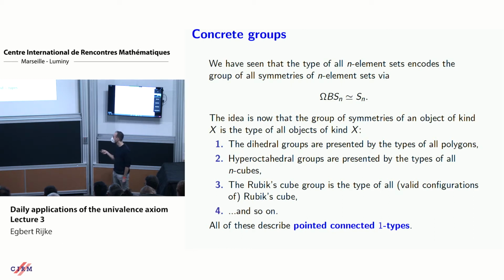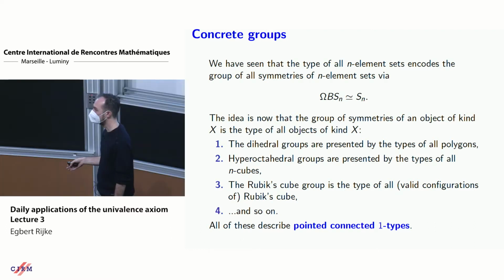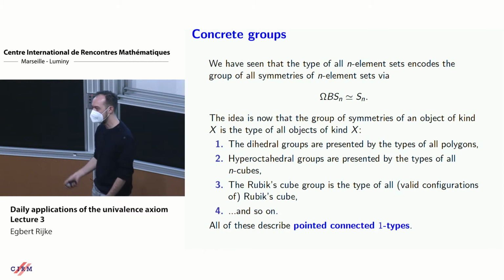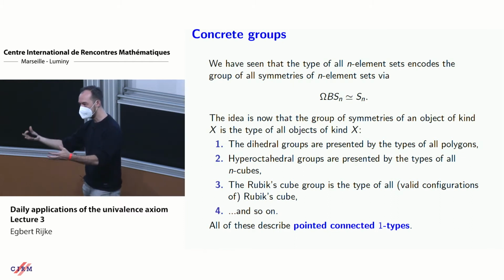But of course, once you have this idea, you can say, okay, the dihedral groups, they are the symmetries of the polygons. So how do you define the dihedral groups in homotopy type theory? Not by generators and relations. You define the type of all polygons.